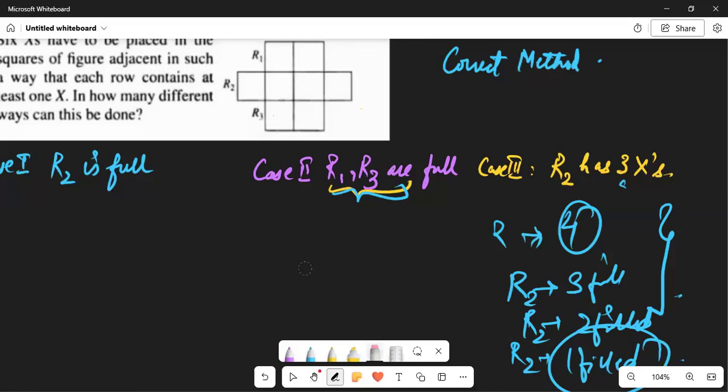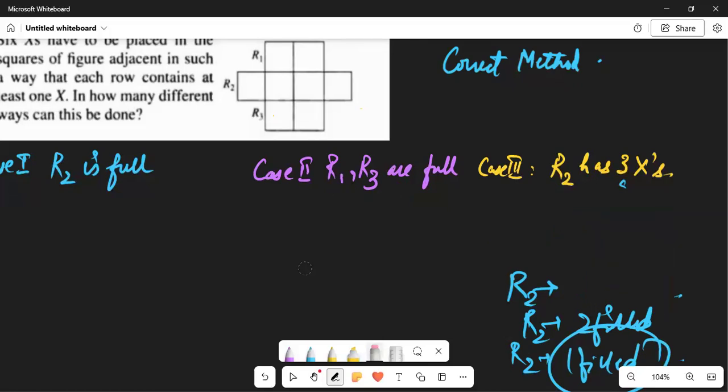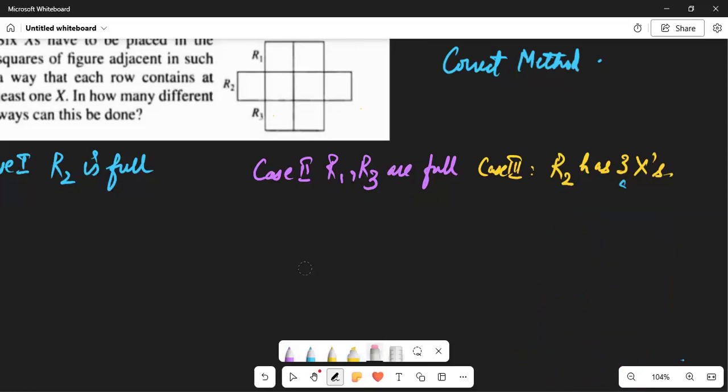So we just need to do the calculation to find out the final answer. Okay, so to find the final answer, consider the case that R2 is full. So you have 2 x's remaining, which you have to fill in R1 and R3. Now, every row should have at least 1.